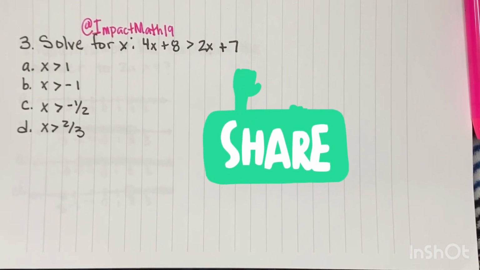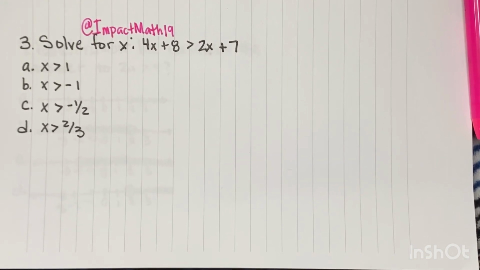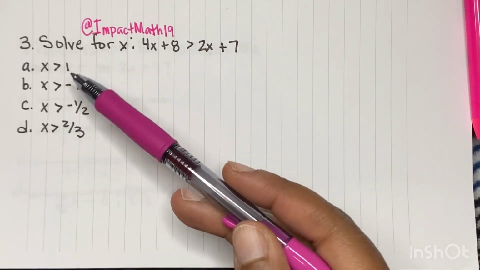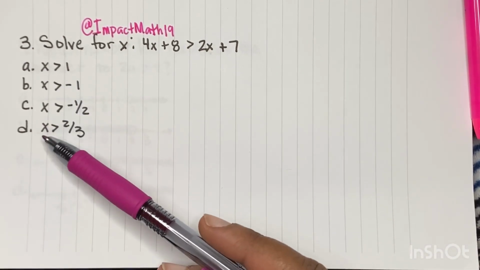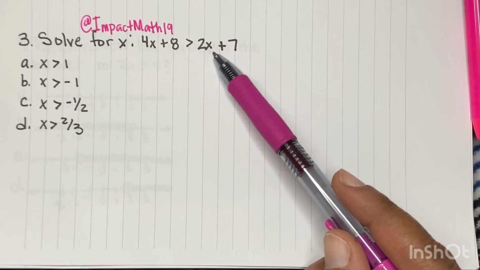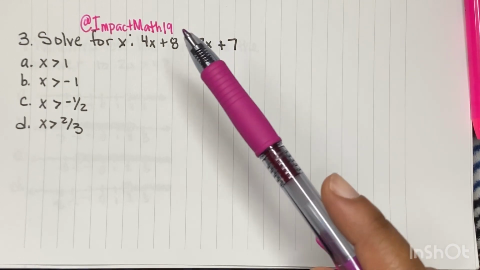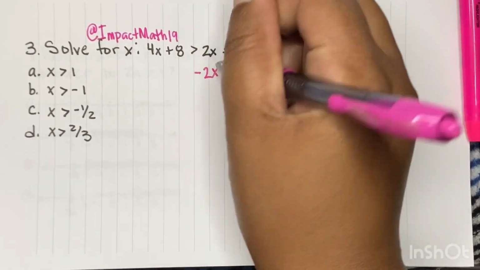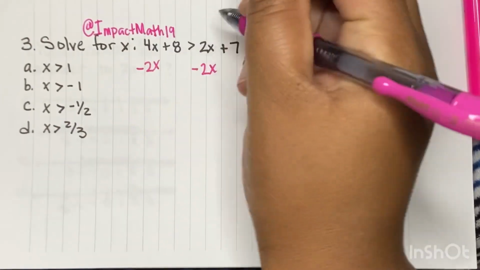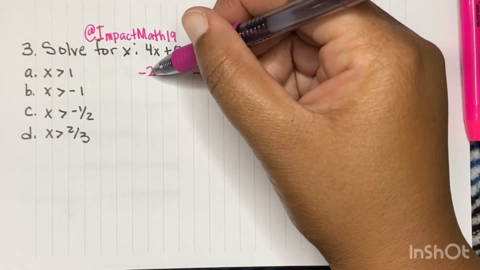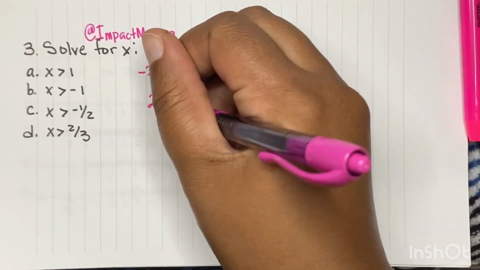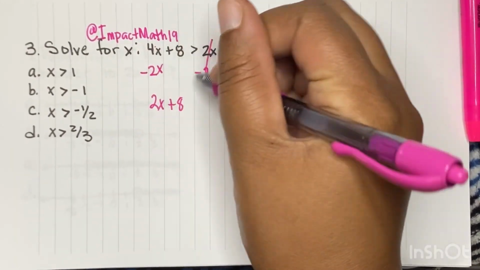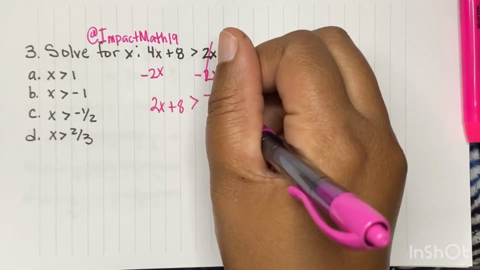Number 3, solve for x. Okay, now if you notice in your answers, your x is on the left side. So we want to get rid of this positive 2x. We want to undo the positive, so we're going to minus 2x to both sides. This cancels, and then 4 minus 2 is 2x. Drop down your plus 8 greater than 7.